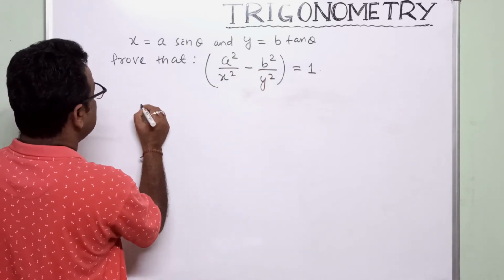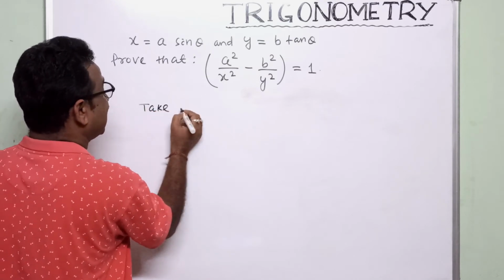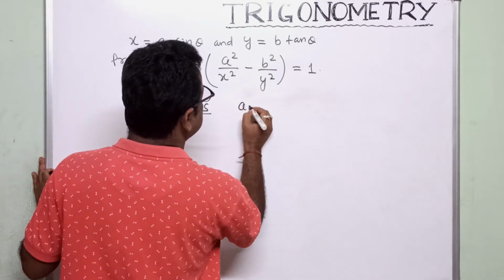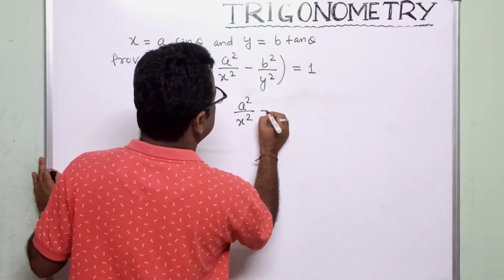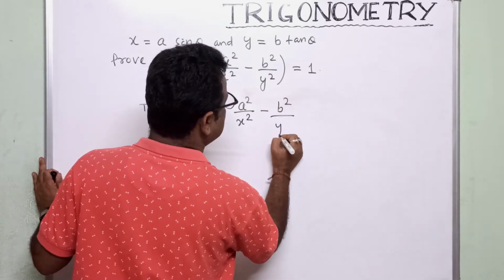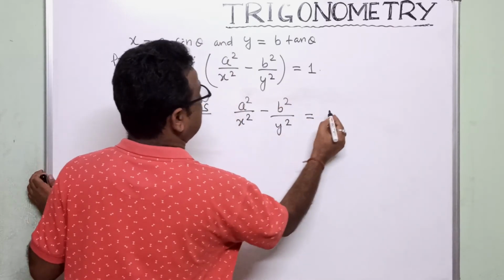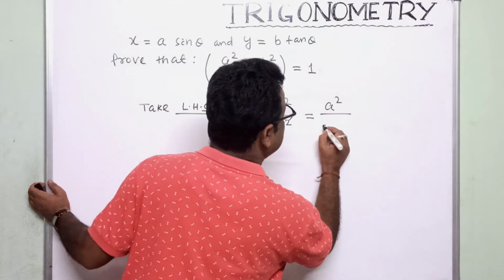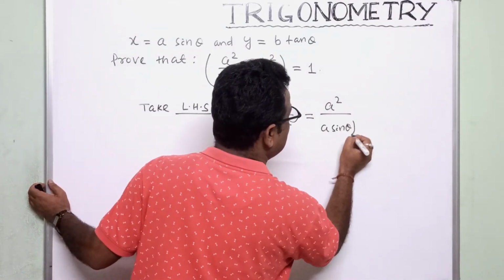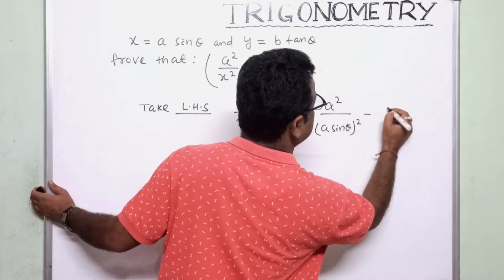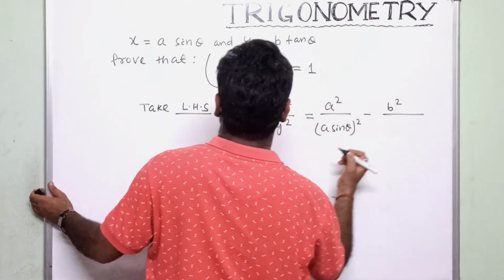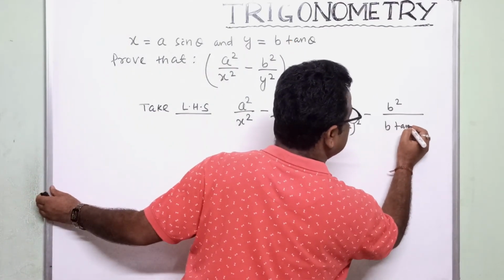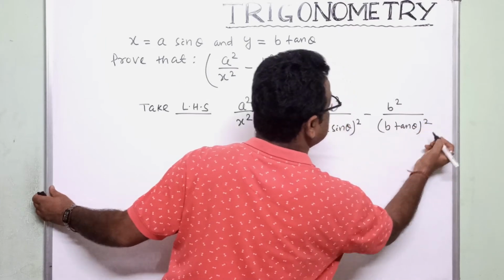So now take LHS. a square by x square minus b square by y square is equal to a square by (x is a sin theta) whole square minus b square by how much? y square? (b tan theta) whole square.